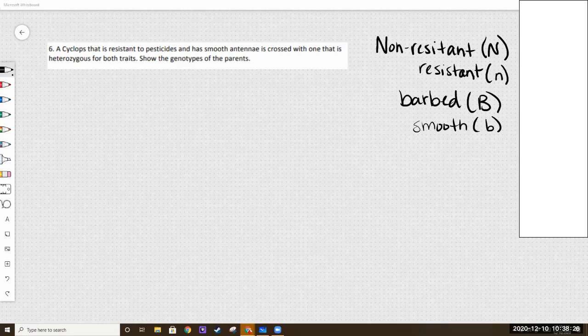You can tell which one is dominant because it's capitalized, George. Yeah, you can do the first one as the boy and the second one's the girl. Yuvia. Okay. So the one that is resistant and is smooth antenna is the boy, and then the one that's heterozygous for both would be the girl.